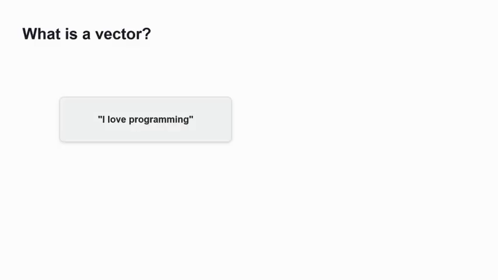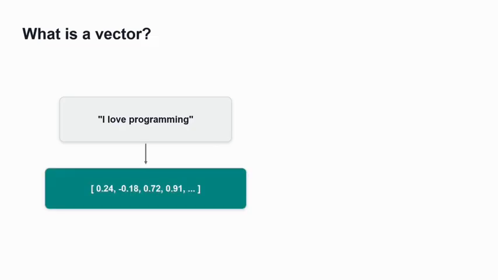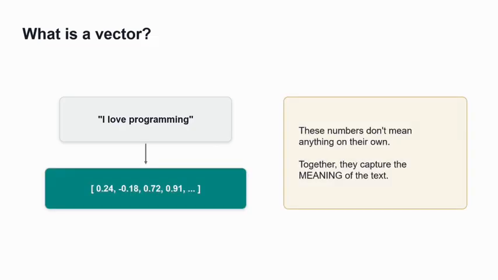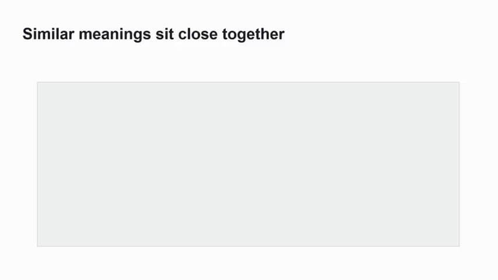This is where vectors come in. A vector is a way of representing information as numbers. These numbers do not have meaning of their own, but together they form a meaning. For example, if I say I love dog and I love puppies, these two sentences are very close together with the meaning.